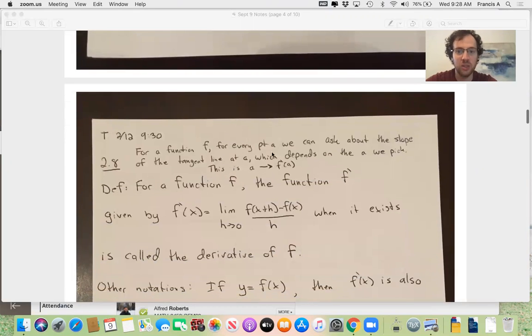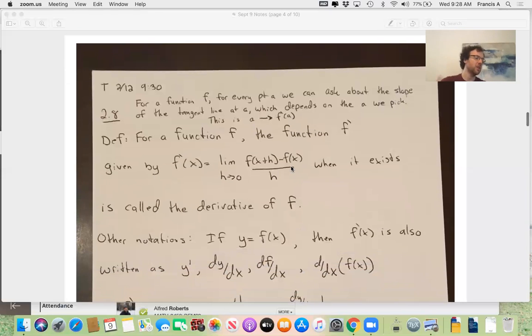So this is really what I was saying there. If you pick a point and ask for the slope of the tangent line, the slope you get depends on the point that you pick. So there's really a correspondence here that says you fix some f in the background, then you pick a point, and then you can output the slope of the tangent line of f at the point that you chose.